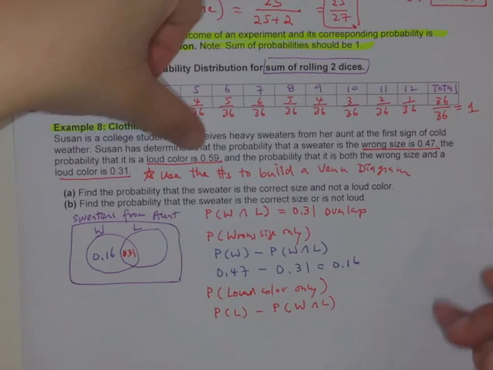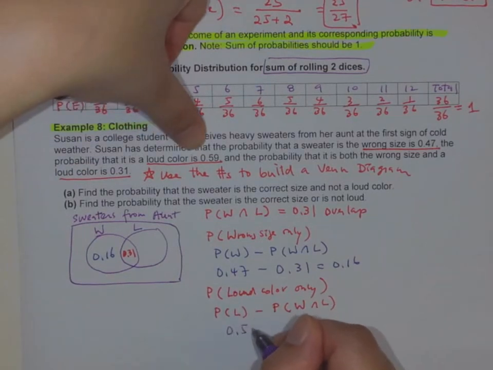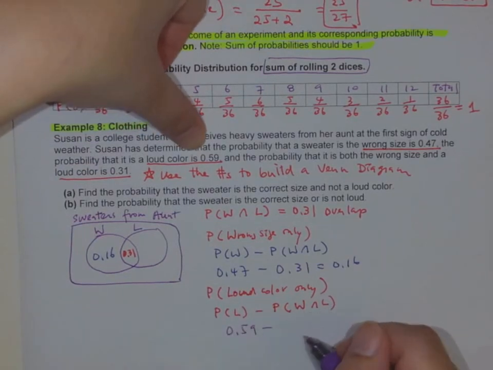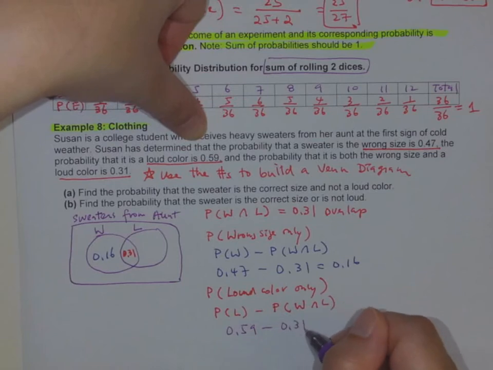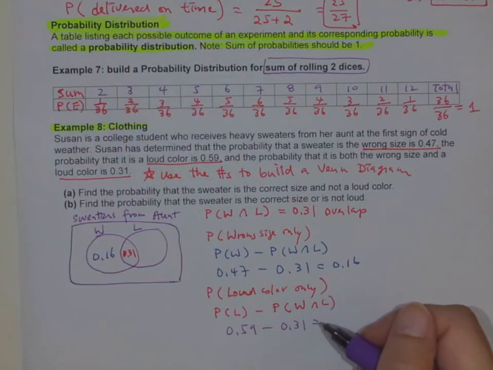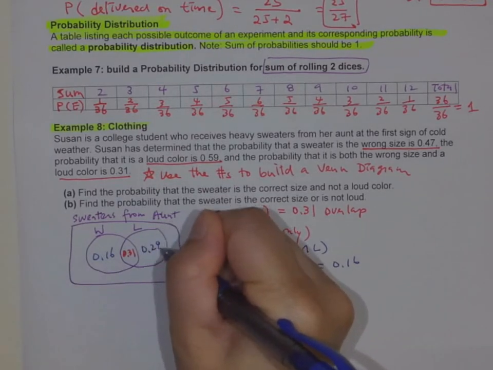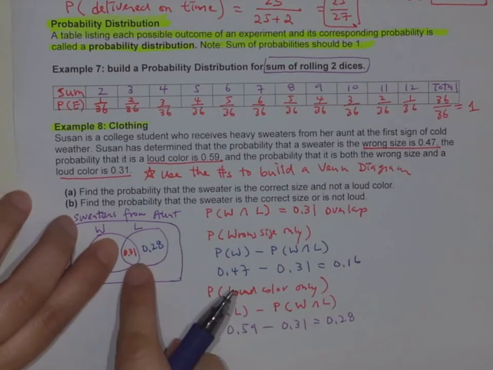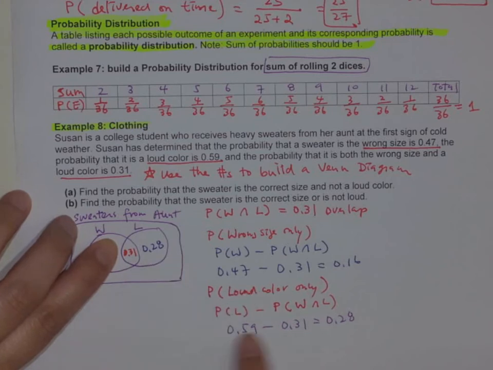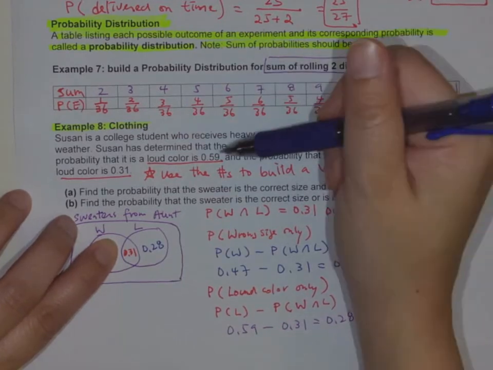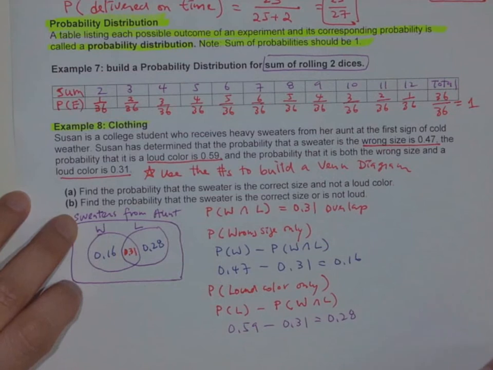So together is 0.59 subtracting 0.31. We are going to get 0.28. So we have 0.28 here. So again, the 0.31 and 0.28 together will get you back to 0.59.